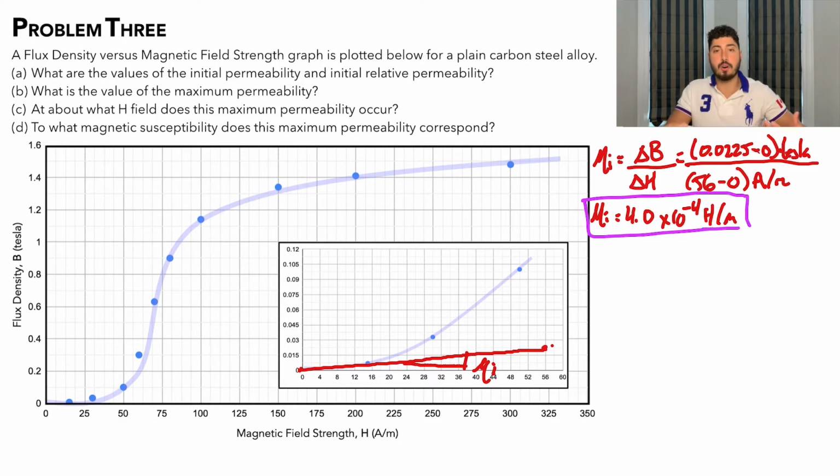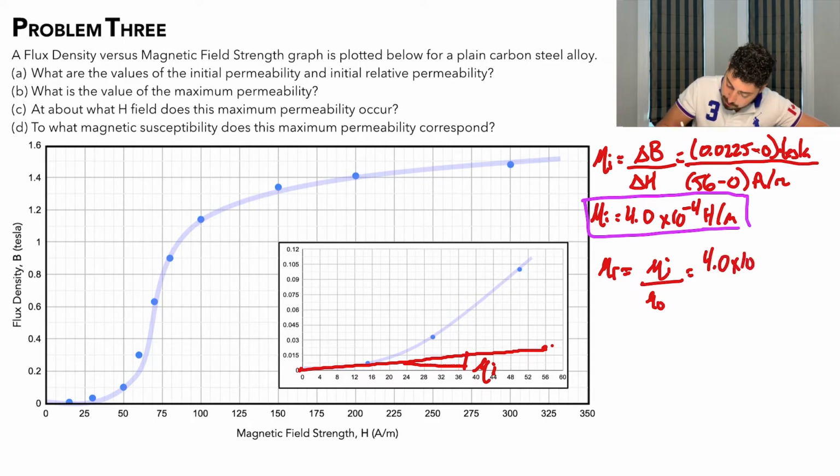Now it asks us to also find the initial relative permeability. And we know that the relative permeability is just the ratio of our permeability divided by our permeability in vacuum. So mu R is equal to mu I divided by mu naught, which is equal to 4.0 times 10 to the minus 4 henries per meter divided by 4 pi times 10 to the minus 7 henries per meter.